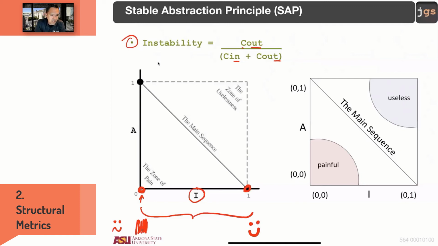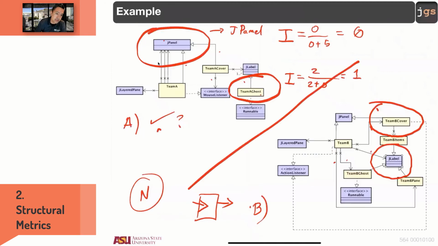Why? Let's go back to the example. 0, worry. 1, happy. I am talking about worry or happy for the developer that is working in that class.